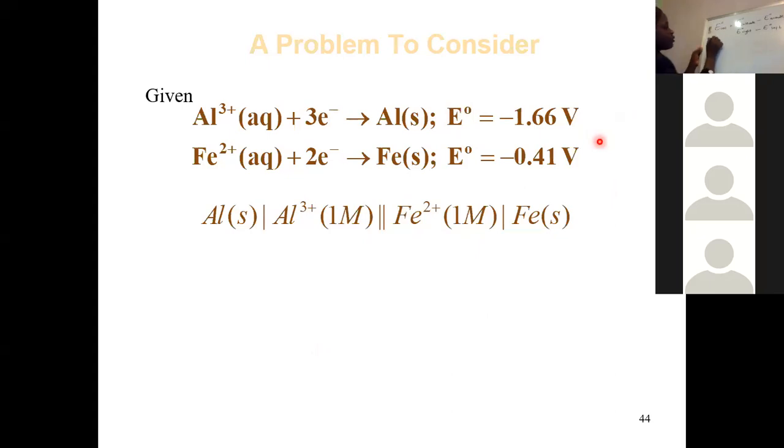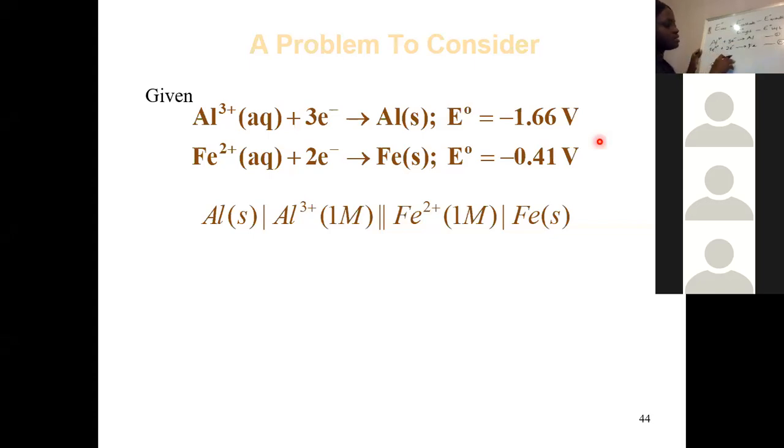So you have the first equation to be aluminum 3 plus plus 3 electron to give aluminum. And then the second one, you have Fe 2 plus plus 2 electron to give Fe. So this is equation 1, and this is equation 2.